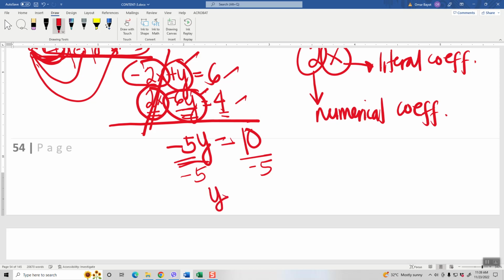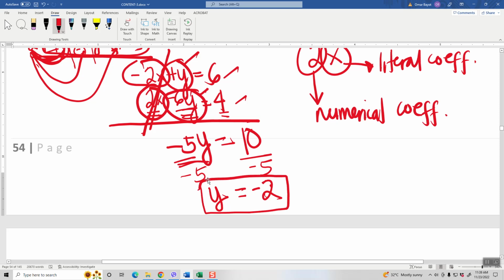So you need to divide by negative 5. And you will end up with y to be 10 divided by negative 5. Positive or negative? Negative. Negative, because unlike sign, no, positive 10 divided by negative 5 will give you negative 2.